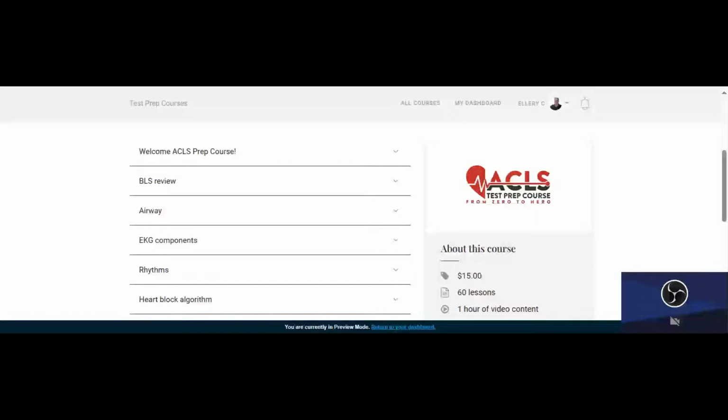I do because I teach ACLS all the time. But if you don't want to memorize all these numbers, just take the number 300 and divide it by the R to R interval. So 300 divided by 1, 2, 3. The R to R interval here is 3 large boxes. So 300 divided by 3 is 100 beats per minute. So that'd be your estimated heart rate.